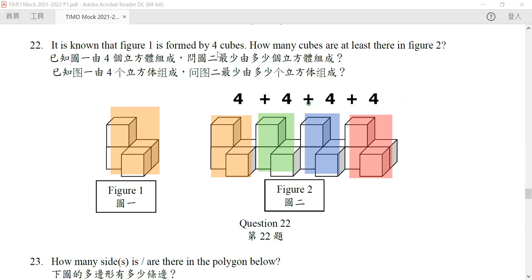So in total, there will be 4 plus 4 plus 4 plus 4, and hence our answer is equal to 16.